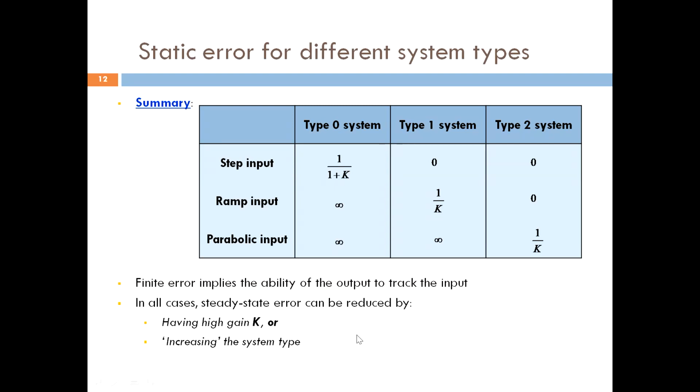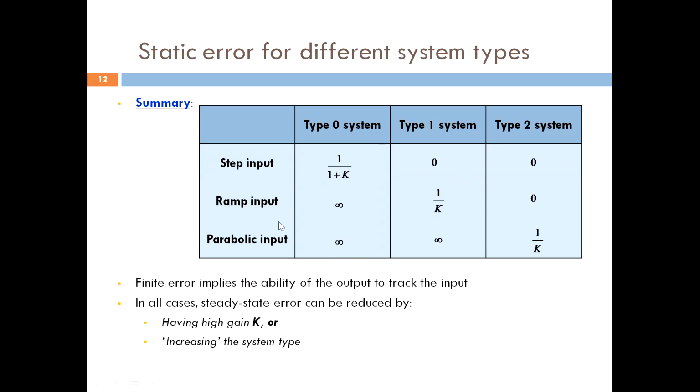So you will notice that when we increase the system type, we move from left to right. So we can increase the system type from type 0 to type 1. And what you notice is that in the case of a step input, by increasing the system type from 0 to 1, we move from some non-zero finite steady state error to a zero steady state error, which means that by making it a type 1 system, we eliminate the steady state error.